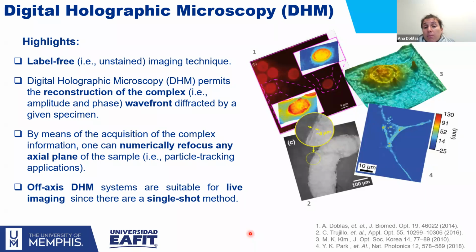That gives us the advantage that even if the sample is defocused, we can apply numerical methods to focus it, which is really critical for particle tracking applications. And we can have all those advantages using a single shot. We only need one image, and we can record, for example, the tracking of a sperm within a volume, so we can know the mobility.